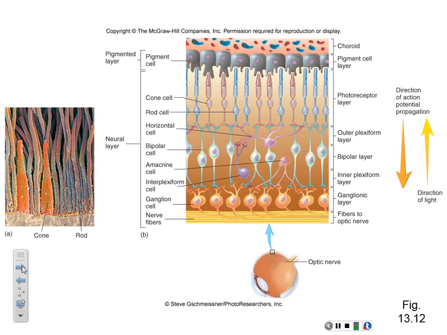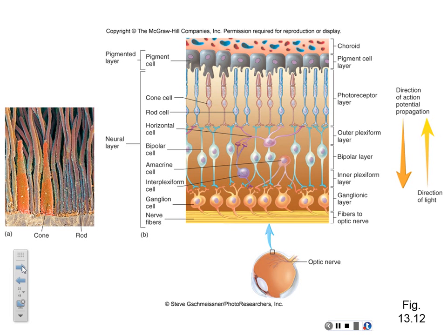So there's many of them, like horizontal cells here. They kind of have horizontal fibers, and dendrites and whatnot. And then, of course, the ganglion cells. The ganglion cells are the ones that connect to the nerve fibers. They form the nerve fibers of the optic nerve.